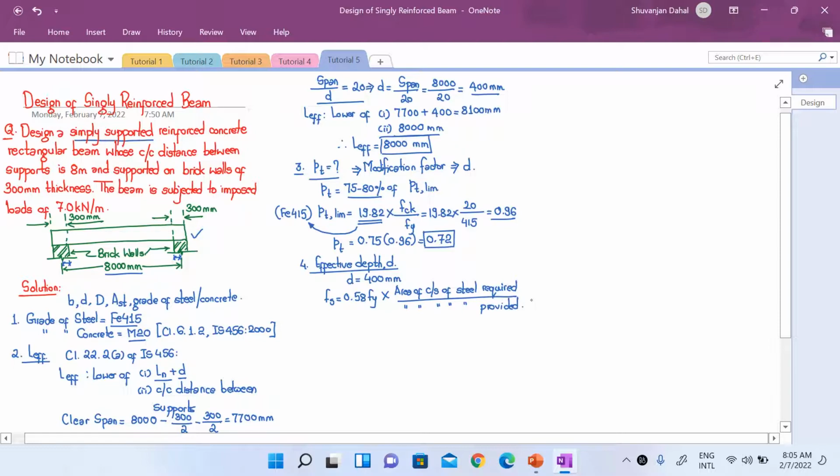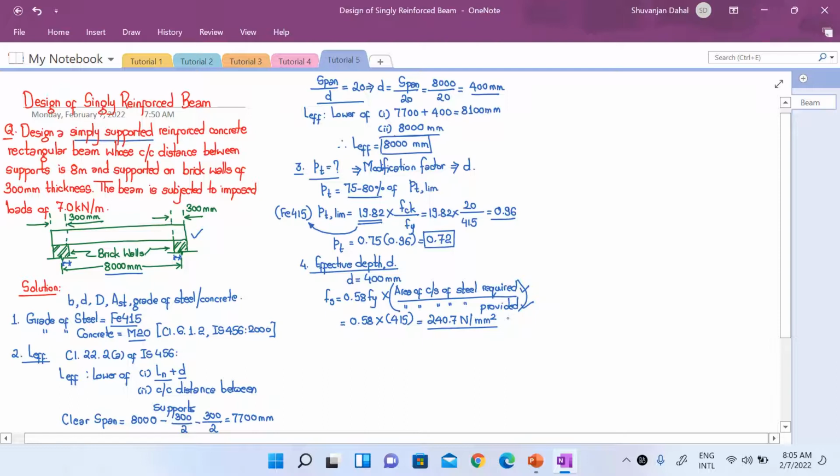So we assume that the area of steel provided and required is the same here, so that this ratio turns out to be 1. Hence the value of Fs is 0.58 into Fy, that means 415. So the value of Fs is 240.7 Newton per millimeter square.